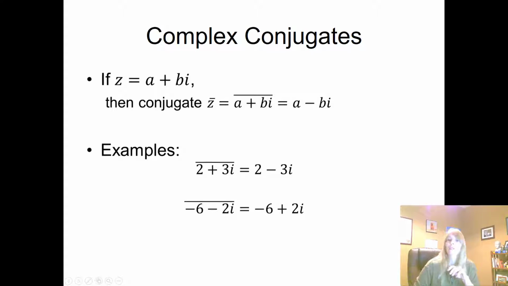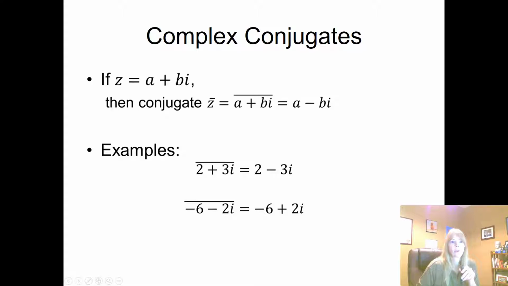Okay, when we talk about conjugates, you're used to the word conjugate because that's where you have a radical in the denominator and you multiply by the same radical. Usually you just change the sign. Well, that's what you're going to do here with complex conjugates. If I want to take the conjugate of a plus bi, it's a minus bi.